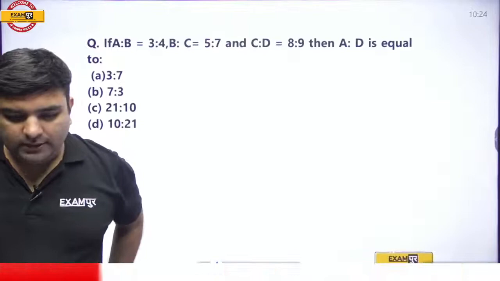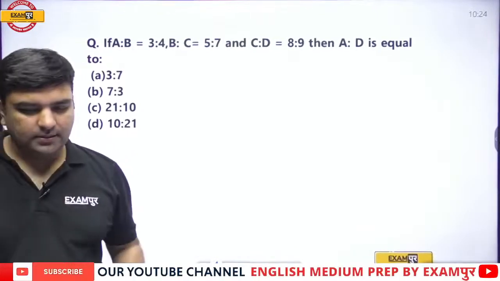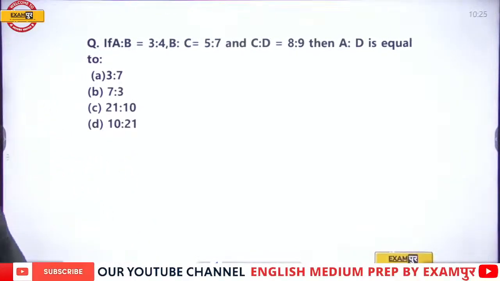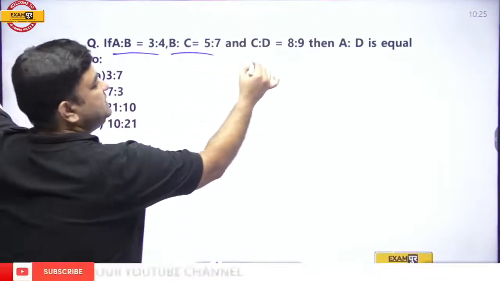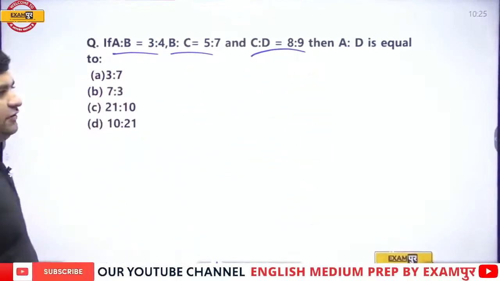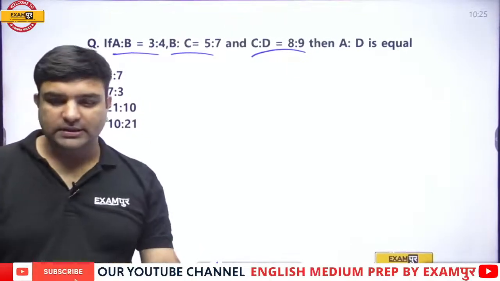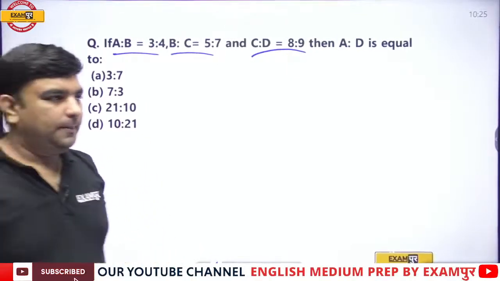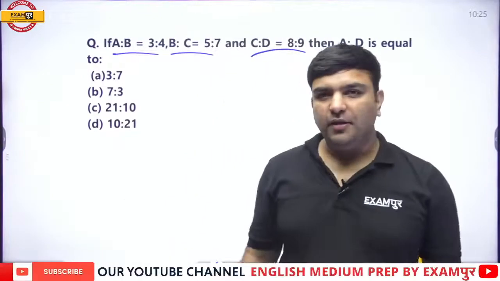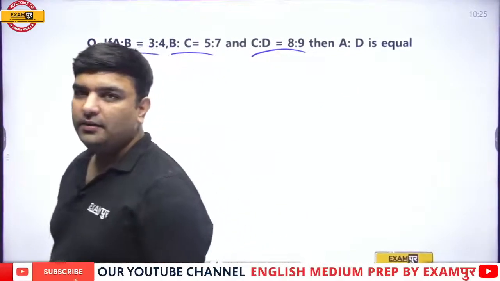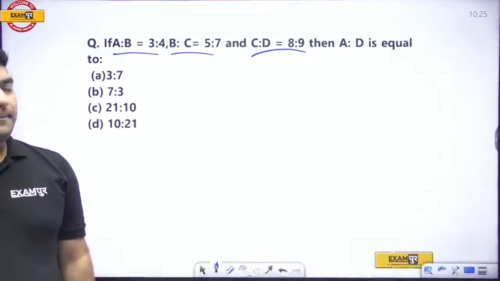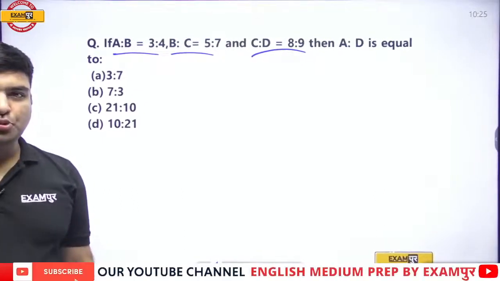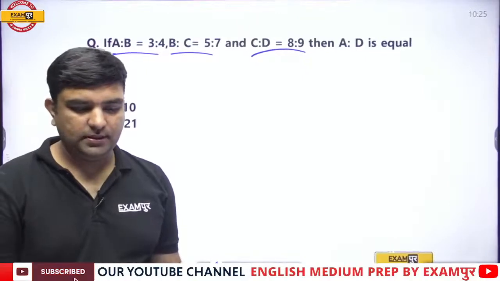Now apply the brains. A ratio B is given, B ratio C is given, C ratio D is given, and they are asking what is A ratio D. Again, remember my words: finding only the connection between two is not that difficult.